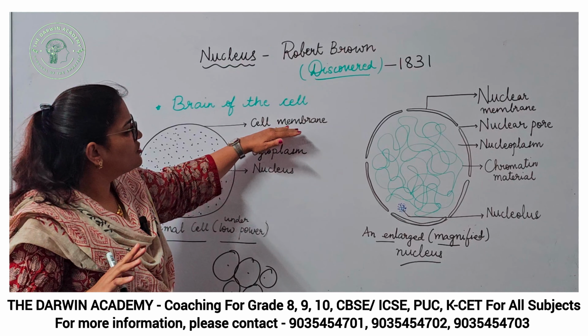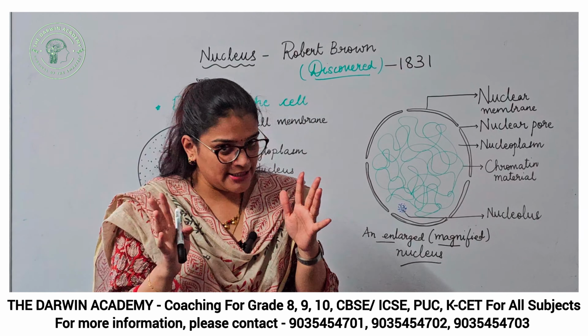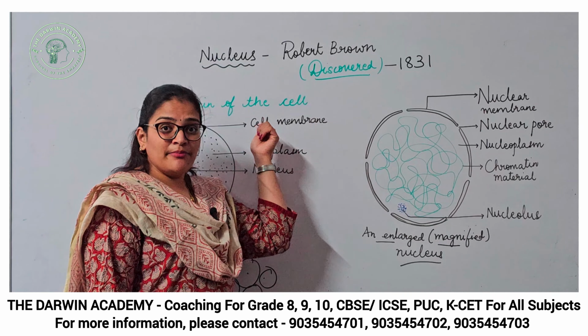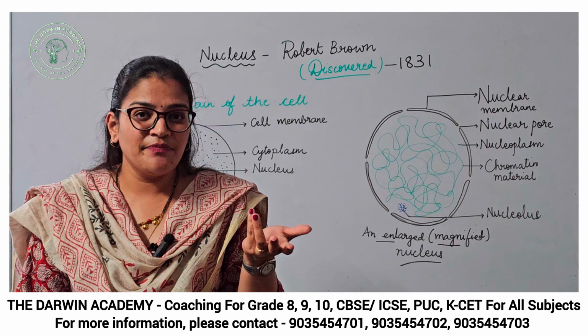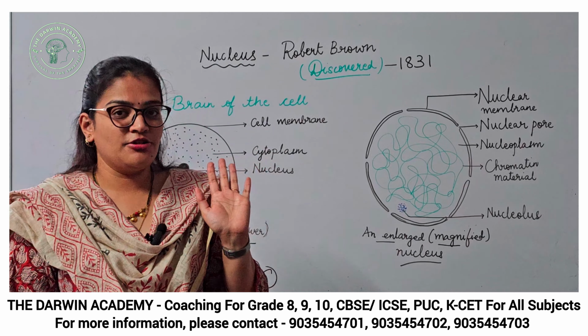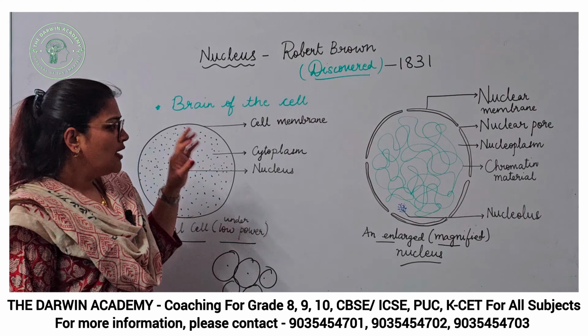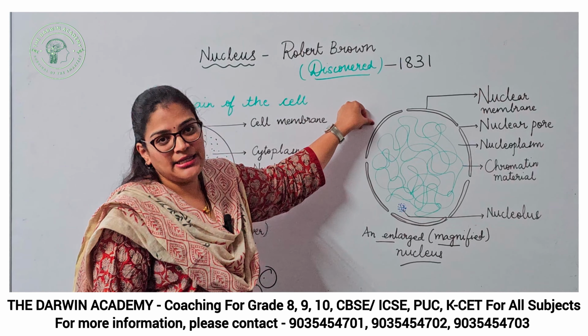It is generally single layered for your understanding. If you go to higher grades, we will learn that the cell membrane is made up of two layers of lipids, and there is protein also. I don't want you to get confused. Let me go back to the nuclear membrane being double layered.